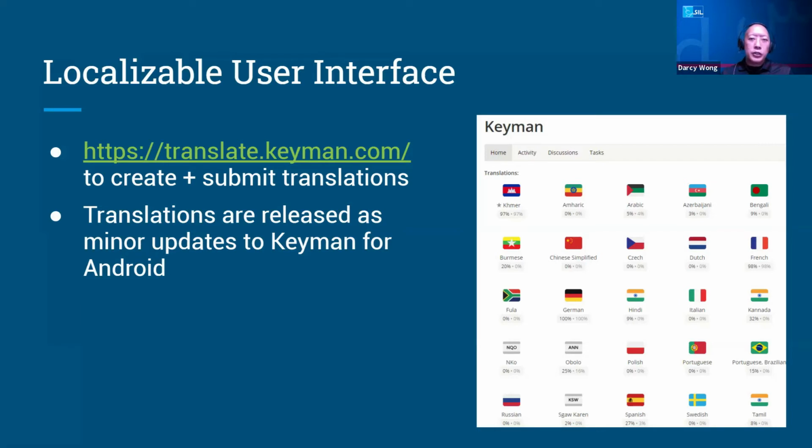The strings are managed on the site translate.keyman.com, which is a free website for users to join in translation efforts for a language. There they can create and submit translations for all the platforms that Keyman supports. And then as translations are completed, we can pull in these strings and incorporate them into the next builds for Keyman for Android.